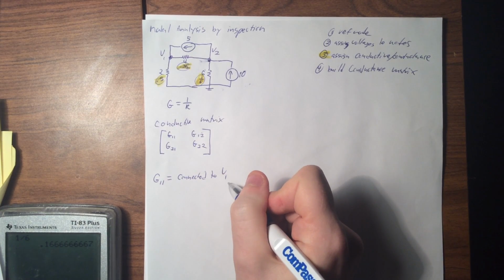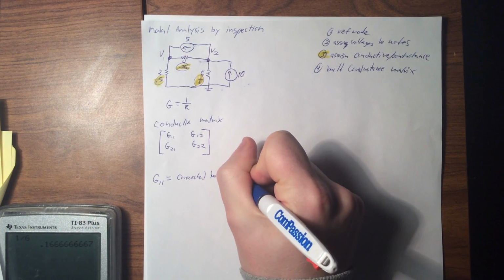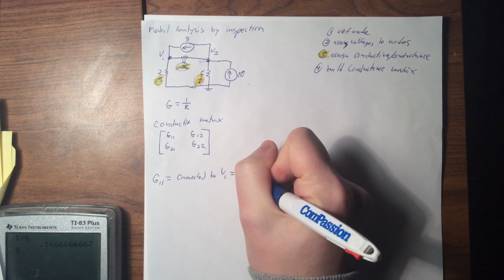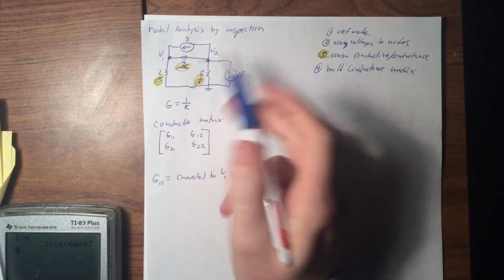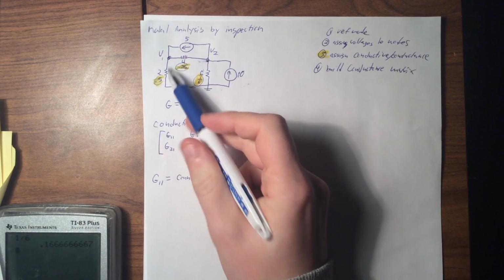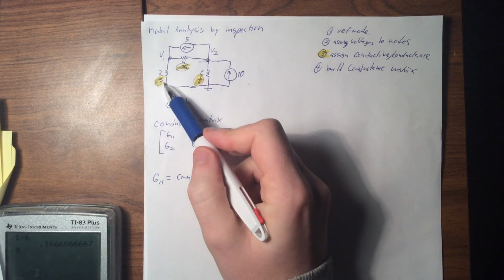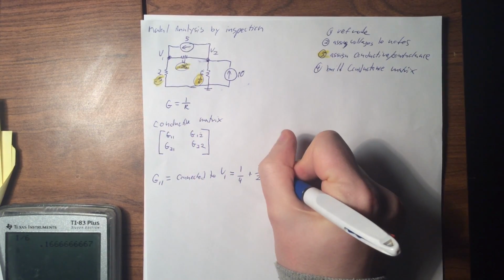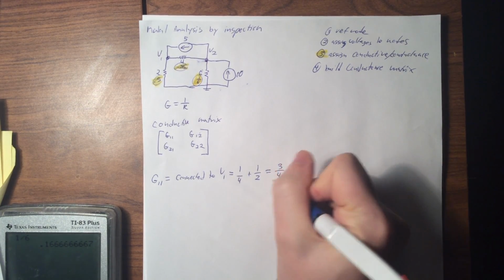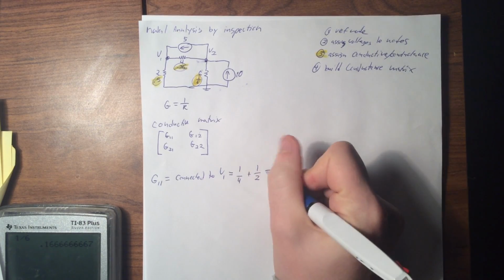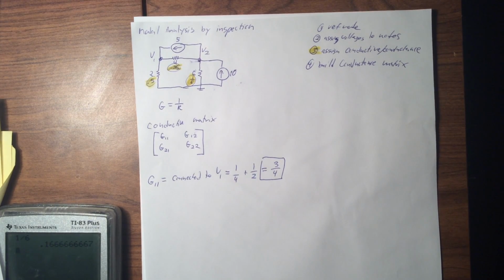Connected to V1, we have a 4, so 1/4 for the 0.25, plus we have 1/2. Anything else connected resistor-wise? No. So that's 1/4 plus 1/2, which is 2 over 4 plus 1 over 4, 3 over 4. Cool, that one's set. We're going to box that up.